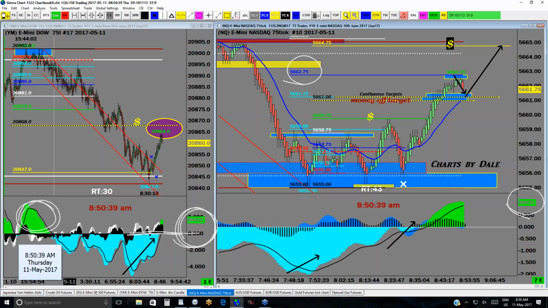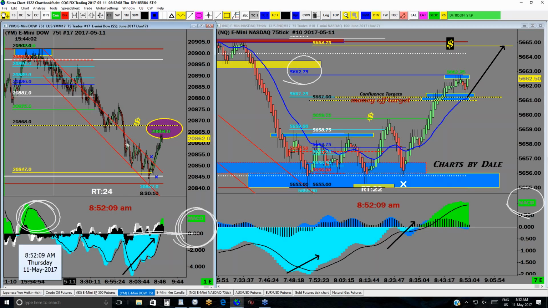Okay, so on the chart on the right, we're getting a nice red candle. I'll move this little tiny black arrow. You already know what we're looking for there. A pullback to say, hey, this is support. Let's go to the next target.